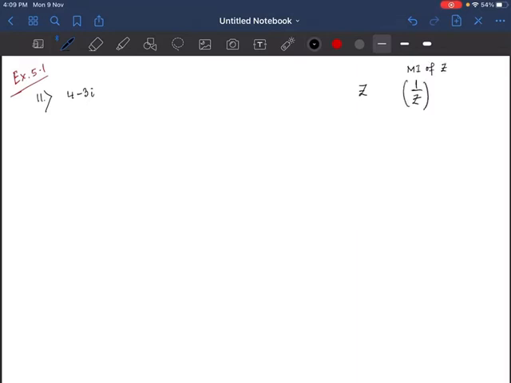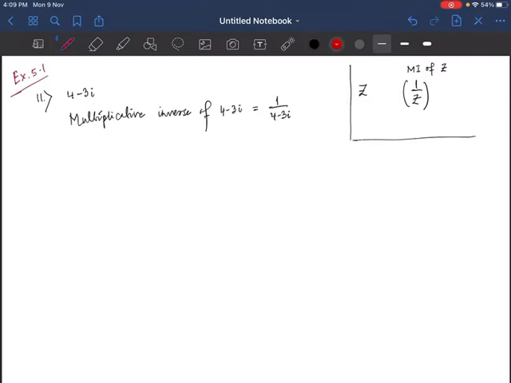So the multiplicative inverse of 4 minus 3i is what? It's so easy. I will write here: multiplicative inverse of 4 minus 3i is equal to 1 divided by 4 minus 3i. But the problem here is that for a complex number we cannot leave the answer like this.